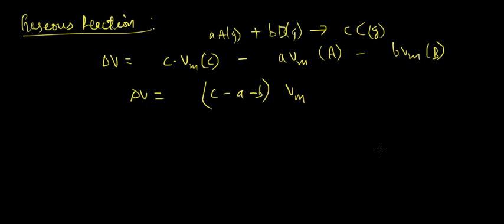So we can write that this is delta Ng, and what is Vm? Vm is volume per number of moles, so that would be equal to RT upon P.